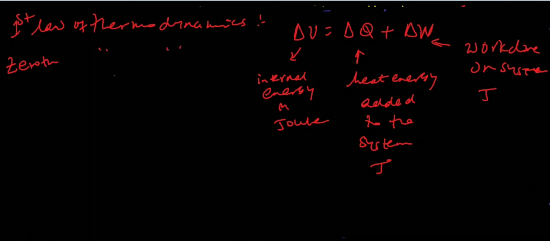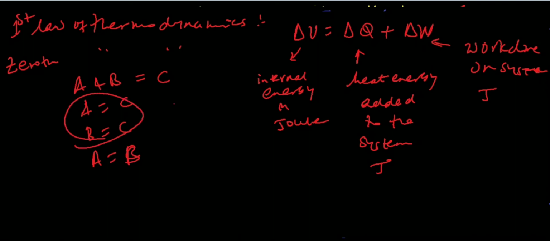It states that if objects A and B are individually in thermal equilibrium with object C, that means A is equal to C and B is equal to C in temperature, so A is also equal to B. Shortly, objects A and B, each in thermal equilibrium with another object C, are also in thermal equilibrium with each other. This is the zeroth law of thermodynamics.